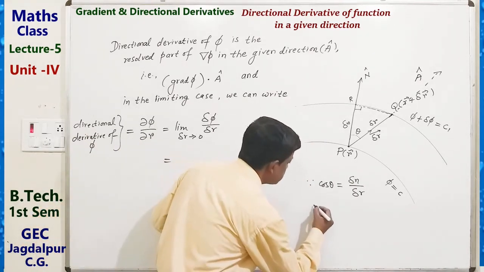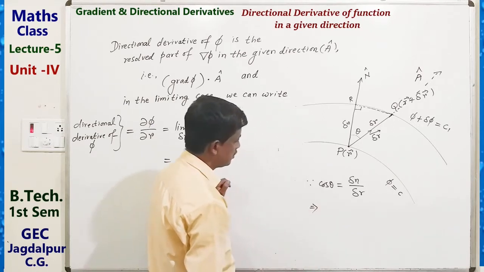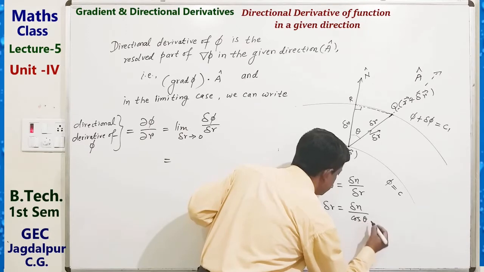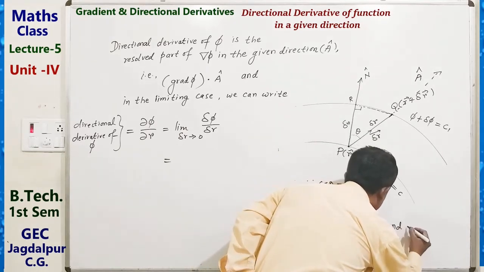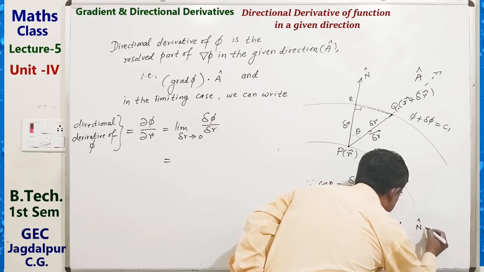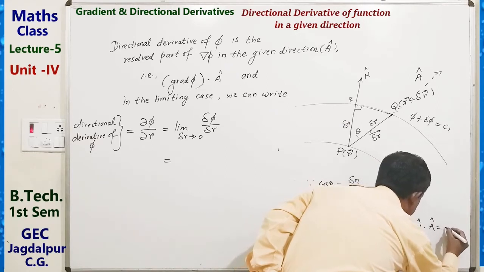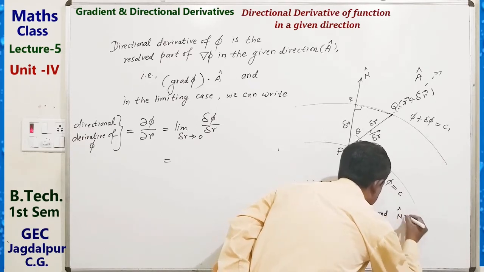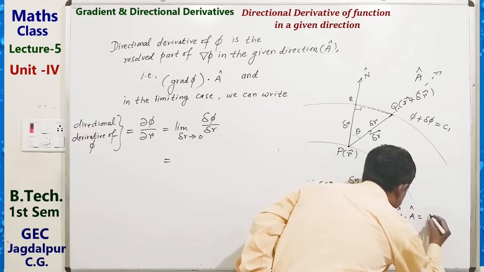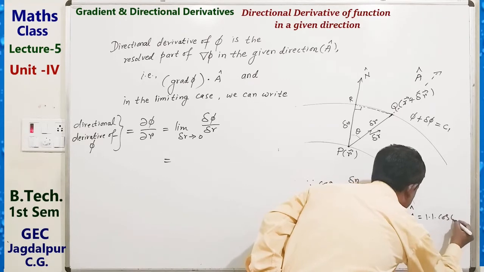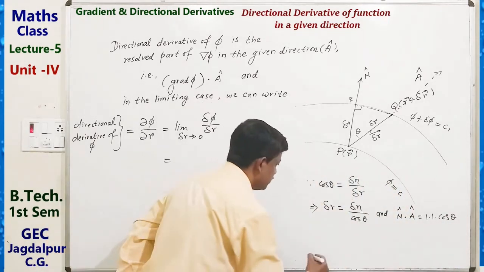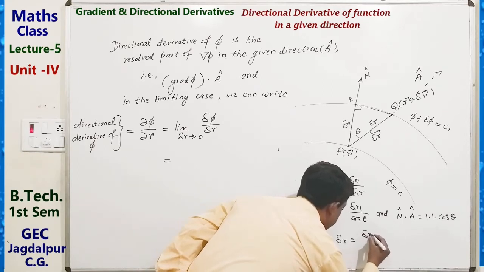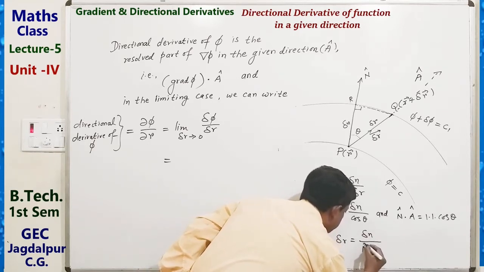So delta r equals delta n upon cos theta, and n cap dot a cap equals 1 dot cos theta. So delta r equals delta n upon n cap dot a cap.